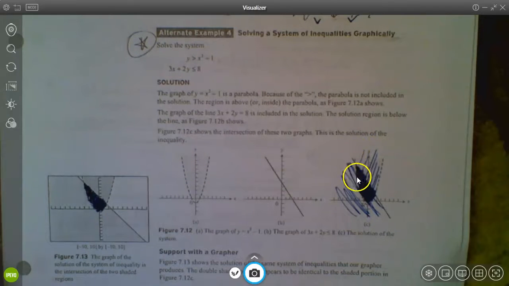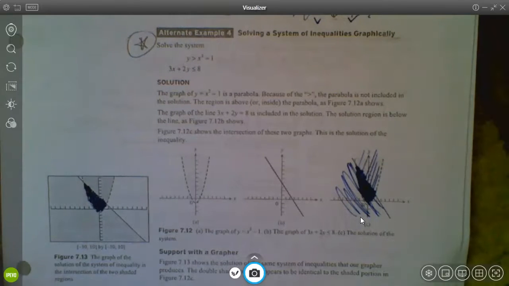And so that's what I did on this one, was I had shaded all this interior portion. Then I graphed the line, right? So here's the graph for the line. And where would it be shaded? This one says y is less than the line. So this one would have been shaded down in this area here. And so that's where I did the sideways shading, was below that line.